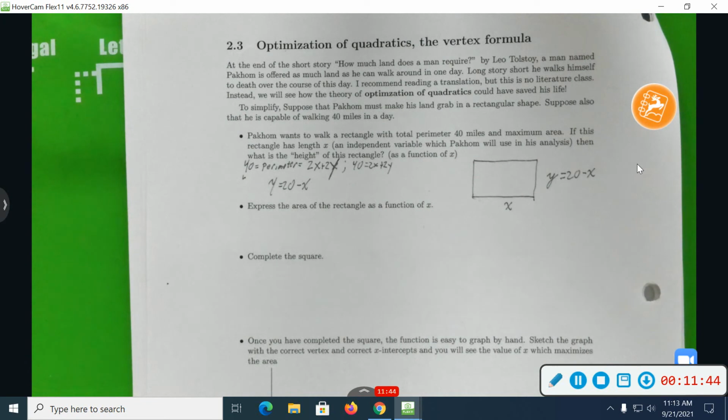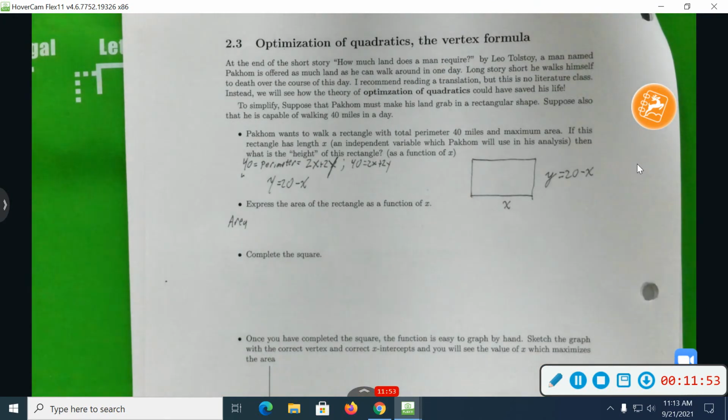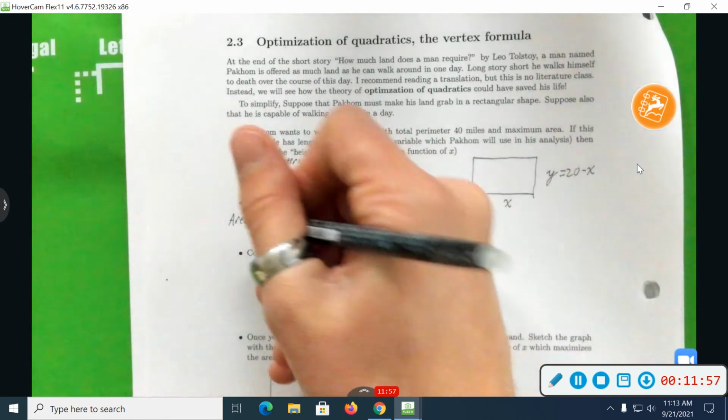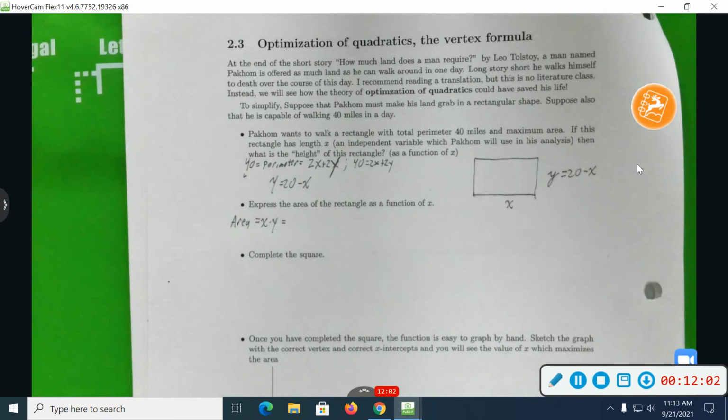What's the area of a rectangle? x times y. It's base times height, and those have names. So the area, which is probably relevant, that's the thing we're going to try to optimize, is equal to the product xy. And I want to make that as big as possible. But there are constraints, right?